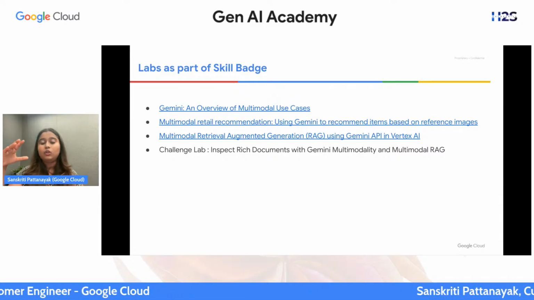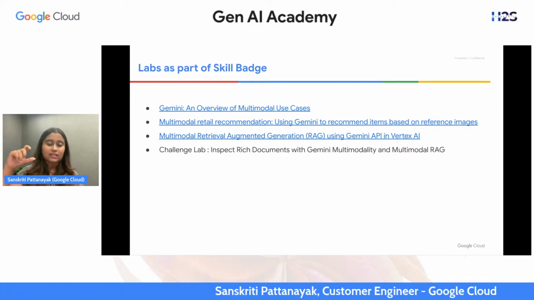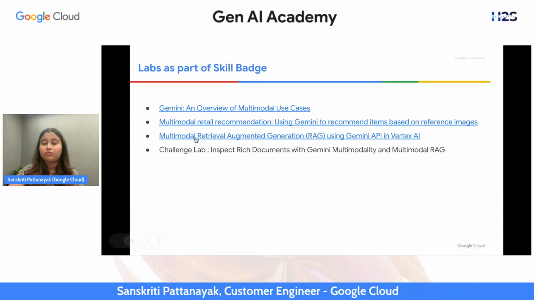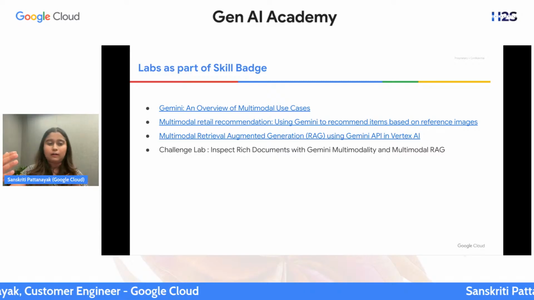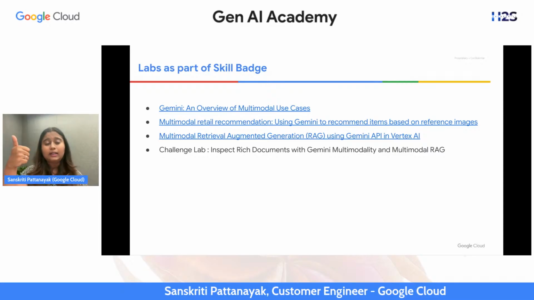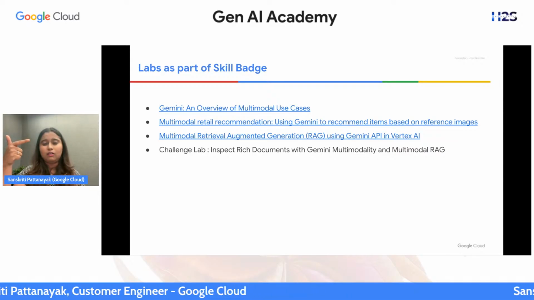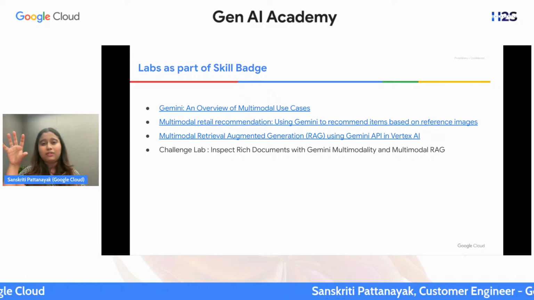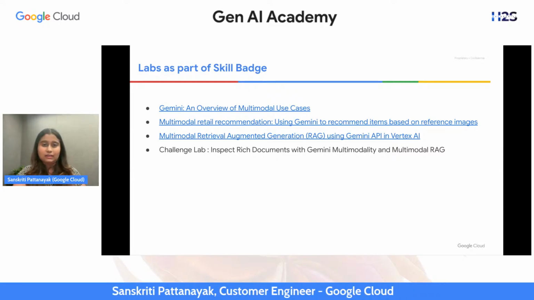In the last lab, you will have to do a similar solution on your own. You won't have the steps defined, but because you're going to do the first 3 labs, you will be able to very well understand what the solution looks like, right? And what the different components of these solutions are. So, first lab, you'll completely understand how multimodality works. Second lab, you will understand how we actually take one reference image, compare it to other reference images, and do that comparison, and how Gemini does that well.